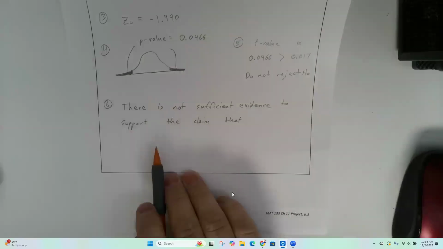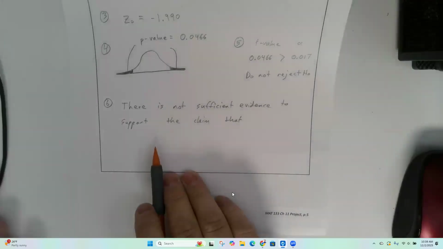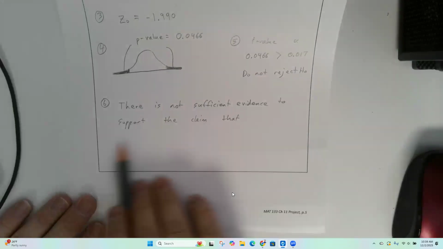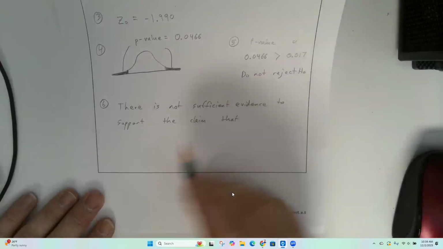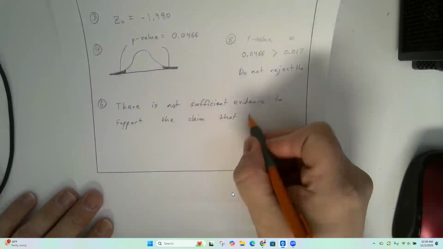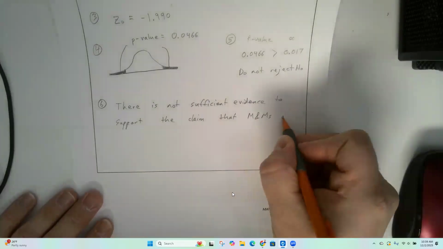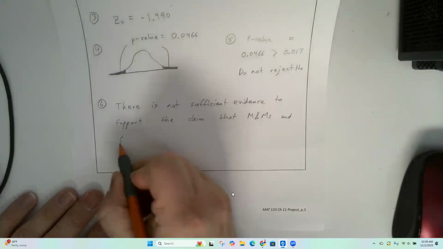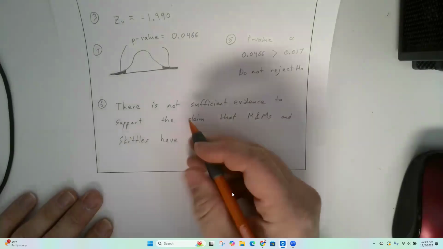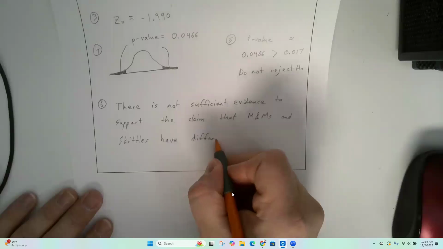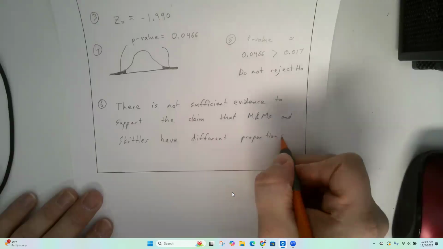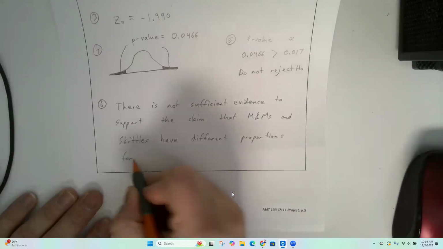But sometimes, when you do a test, people don't want to see the math. They just want to know the answer. Was it better or was it not? Was it the same? Was it different? So you've got to write out what the claim was. The claim was that M&Ms and Skittles have different proportions for red.